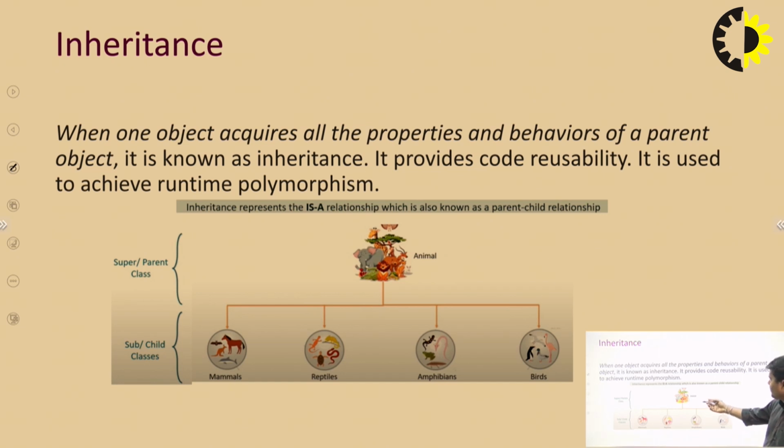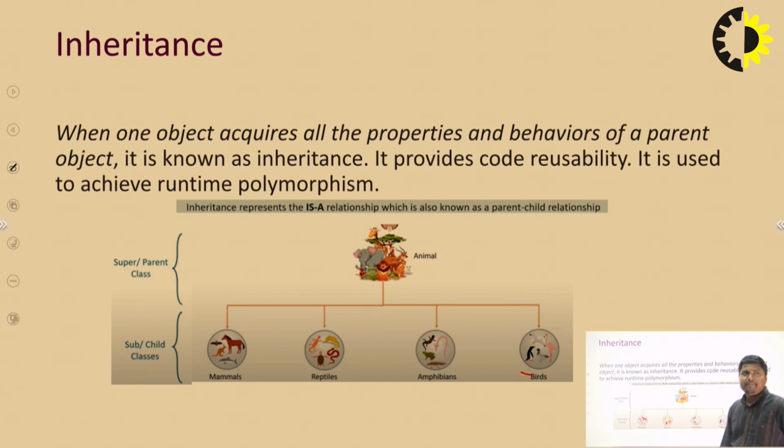In inheritance, there is a super or parent class and its subclasses. You can say that animal is a parent class, and its subclasses are mammals, reptiles, and birds. So they can inherit some properties of their parent class.